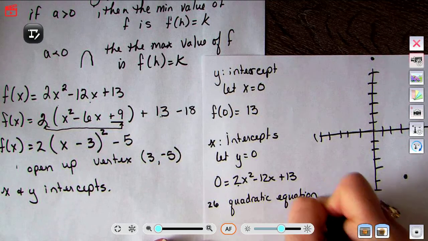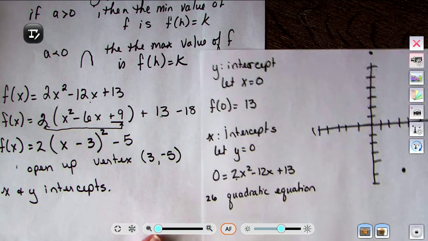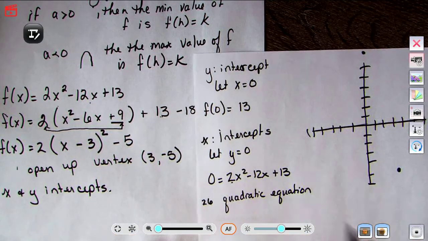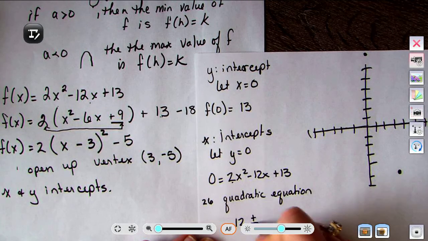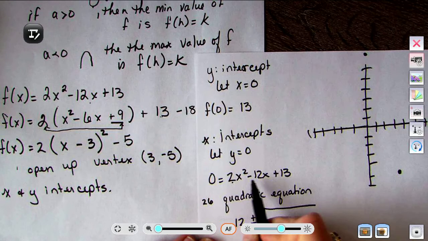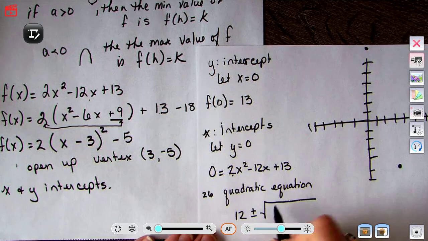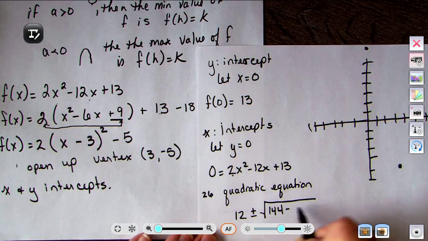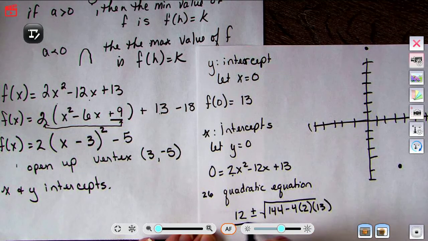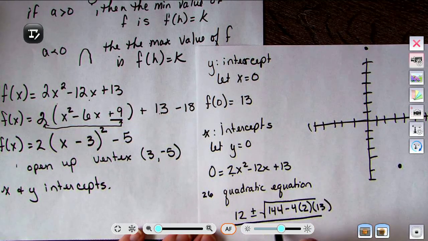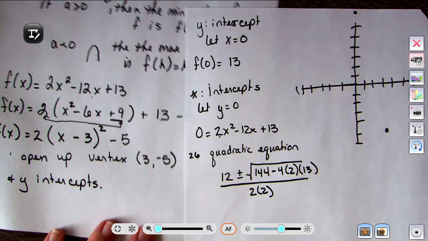So lots of good review in this example. Our quadratic formula is -b plus or minus square root of b squared, so 144, minus 4ac, all over 2a. And now we have to simplify that.